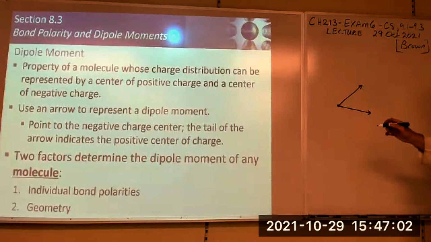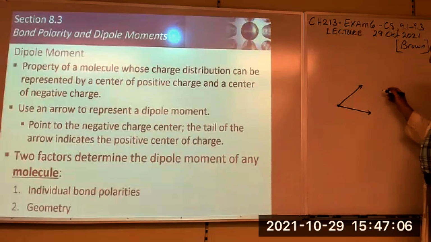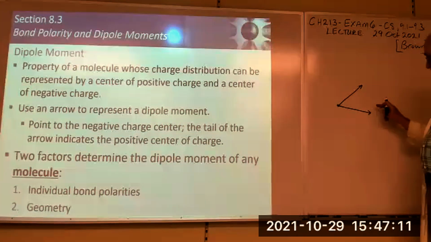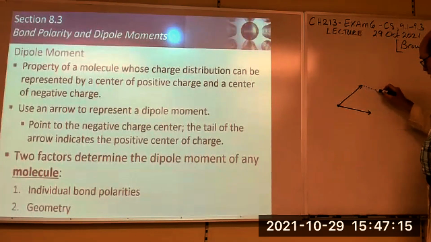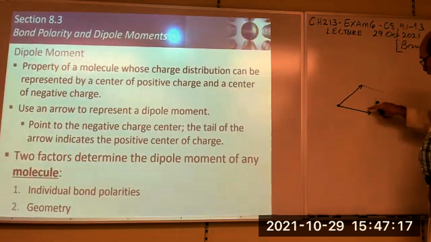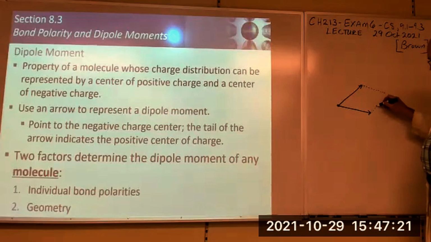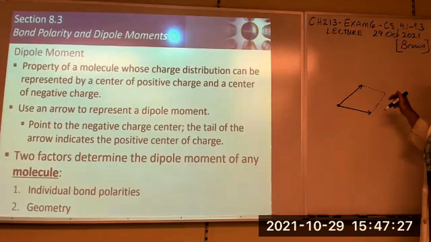So one way to do it, geometrically speaking, you can do it mathematically, but geometrically you can say, all right, we're going to draw a parallelogram. We're going to say this one is parallel to that one from this point, equal to that length. And this one is parallel to that one, equal in length. So that's our parallelogram.